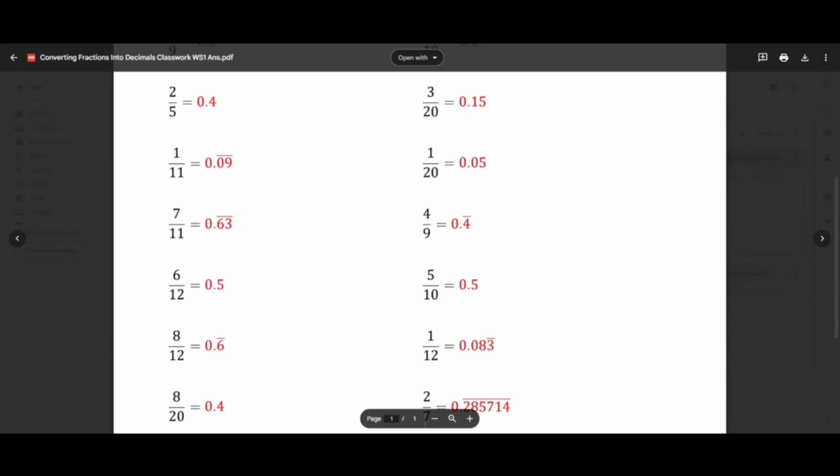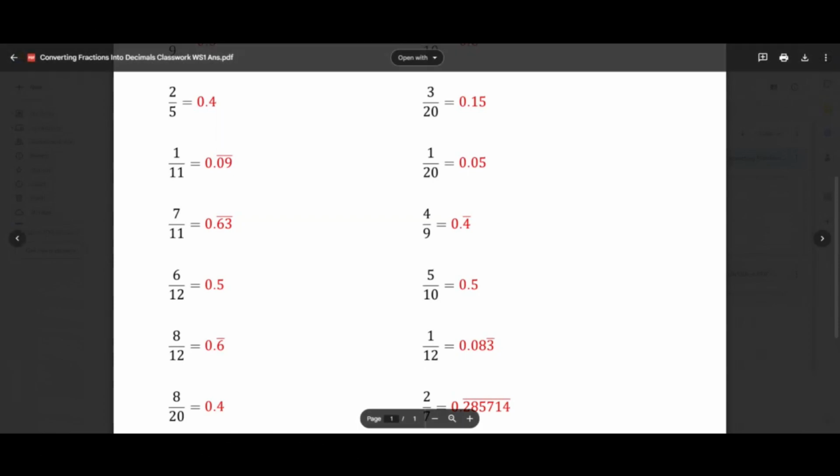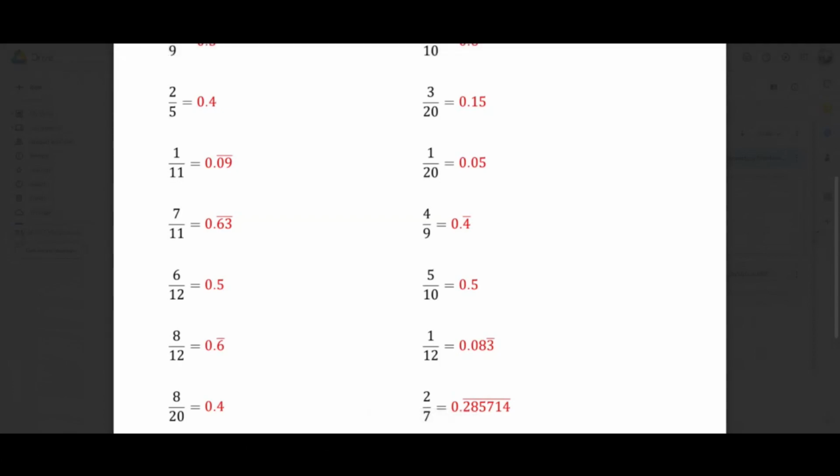If you rounded to the nearest tenth, then yes, that would be the correct answer, 0.1. So that would be correct to the nearest tenth. To the nearest hundredth, it would be 0.09.